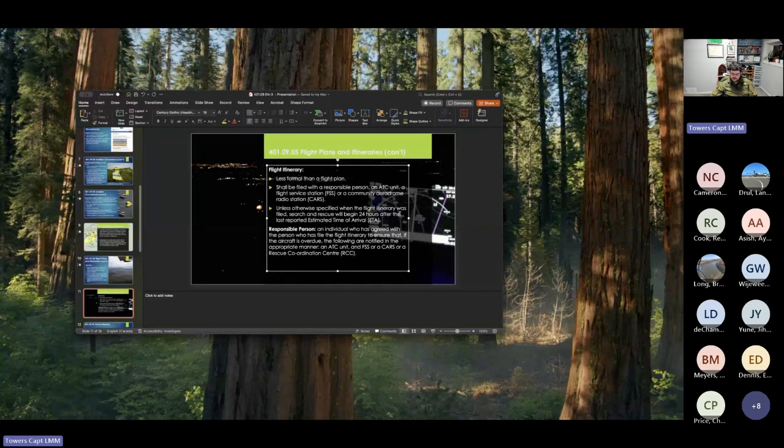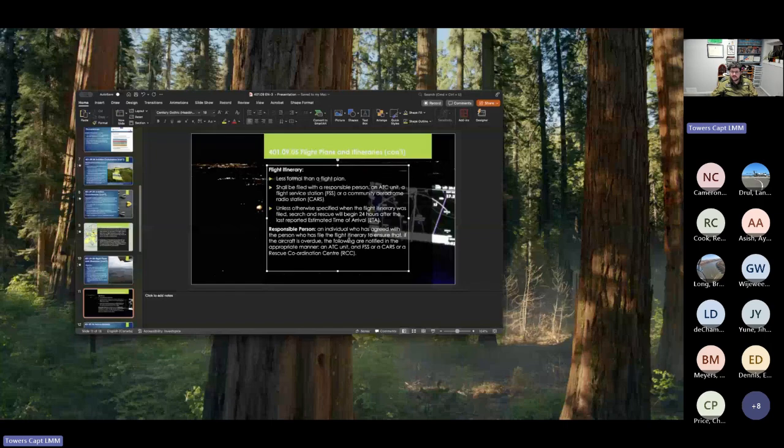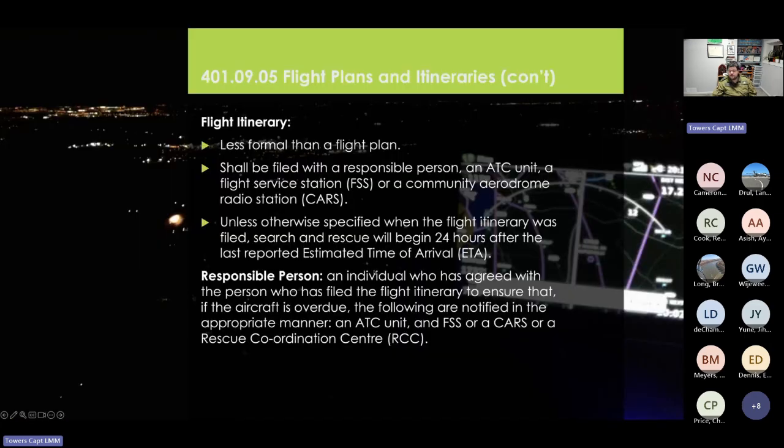There we go. 24 hours after the last reported ETA, estimated time of arrival. So a responsible person is any individual who has agreed with the person who has filed the flight itinerary to ensure that if the aircraft is overdue, the following are notified in an appropriate manner.